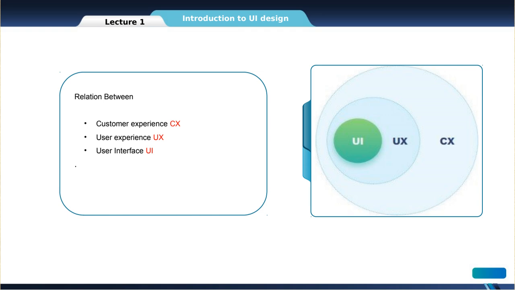While user experience, a subset of customer experience, specifically refers to how a user interacts with and experiences a product, service, or system. But user interface, the most specific layer, is the visual and interactive side of the product that users interact with directly, such as buttons, icons, and navigation elements.